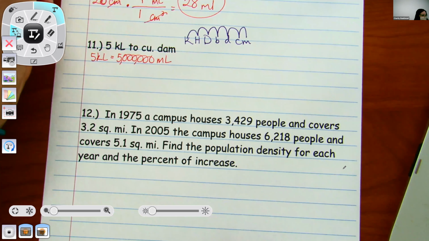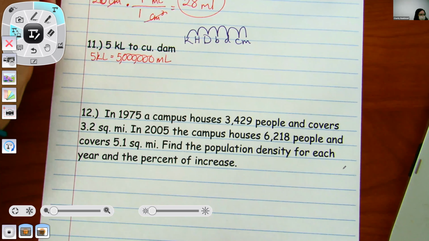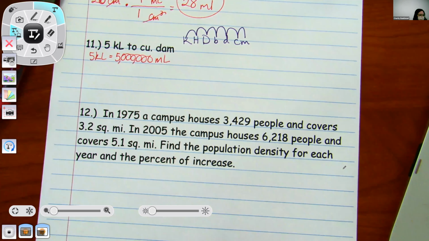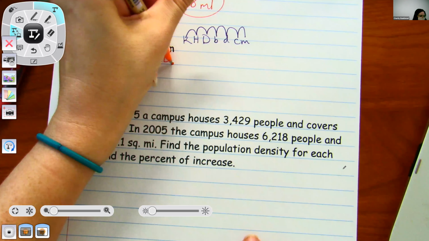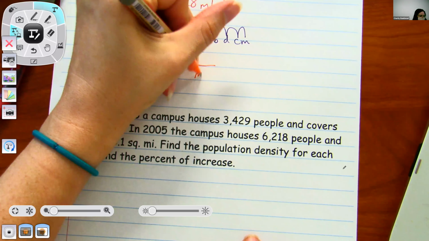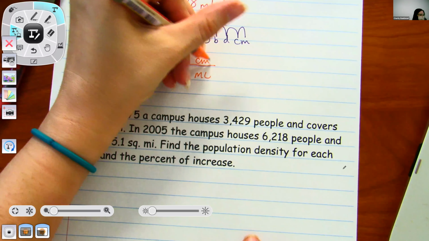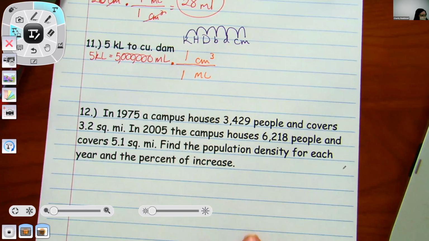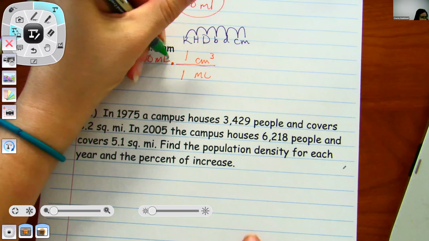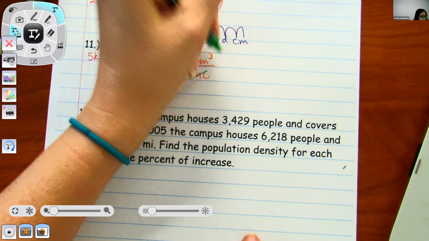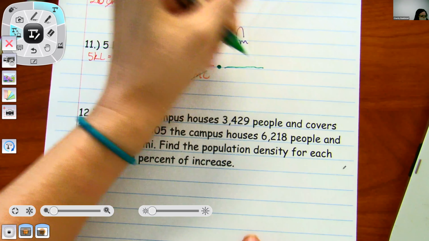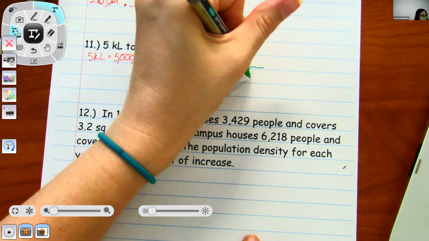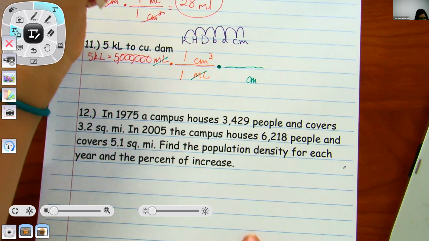All right, and then we can do milliliters to cubic centimeters, because we know 1 milliliter equals 1 cubic centimeter. Then we have to figure out how to convert from cubic centimeters to cubic decameters.